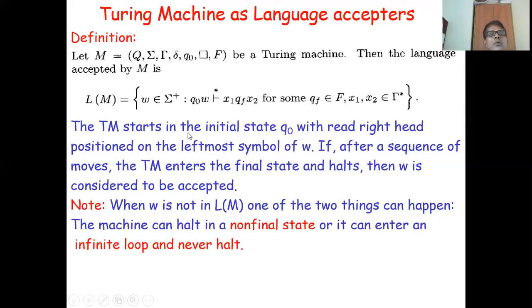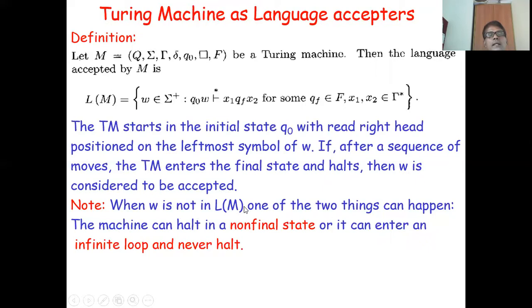This means that the Turing machine will start in the initial state Q0 with the read-write head positioned on the leftmost symbol of W. If after a sequence of moves the Turing machine enters the final state and halts, then the string W is considered to be accepted.